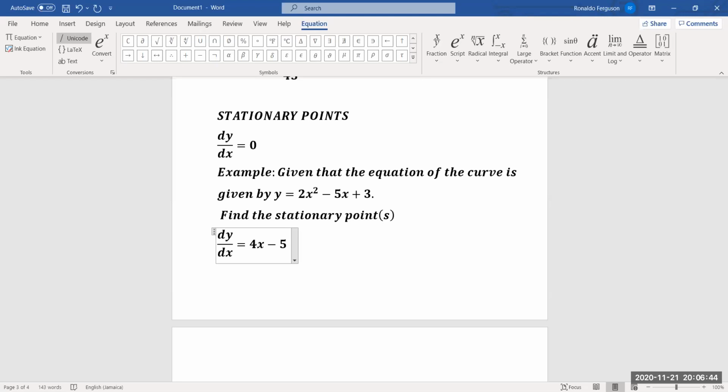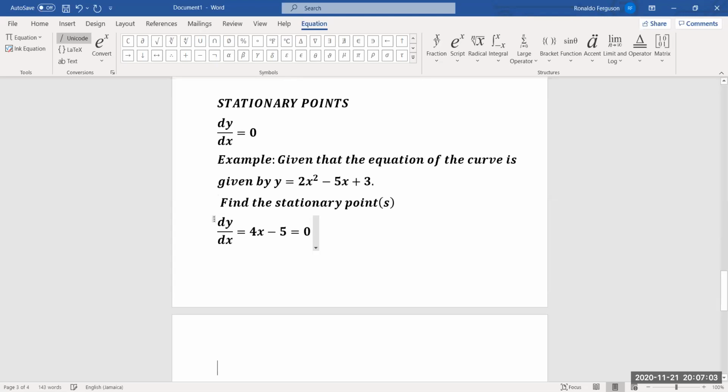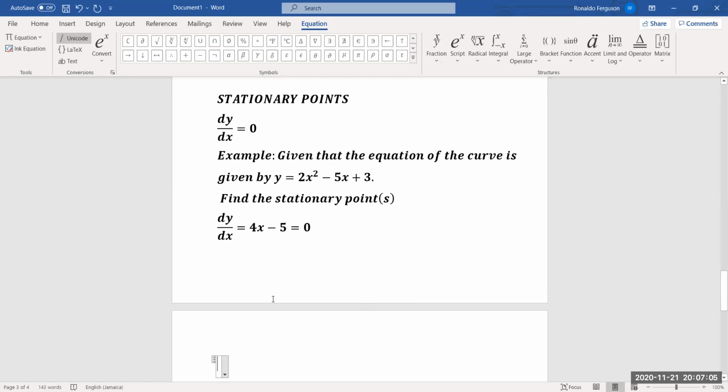Now when you find dy by dx, what do you know about a stationary point? At a stationary point, dy by dx equals 0. So we equate it to 0 because that's what happens at a stationary point. Then we solve: 4x is equal to 5.